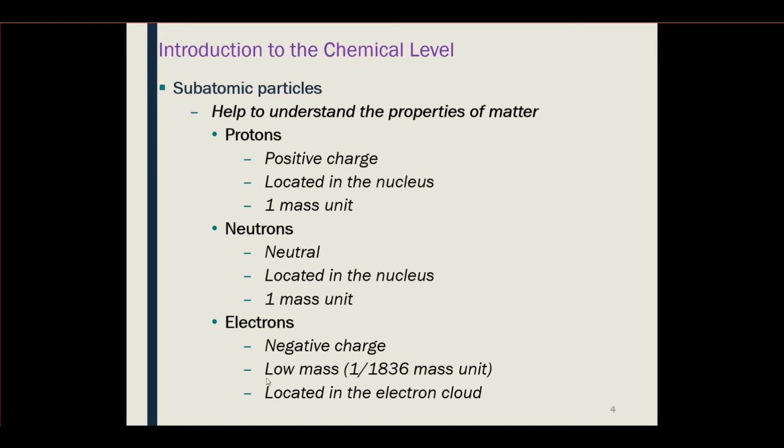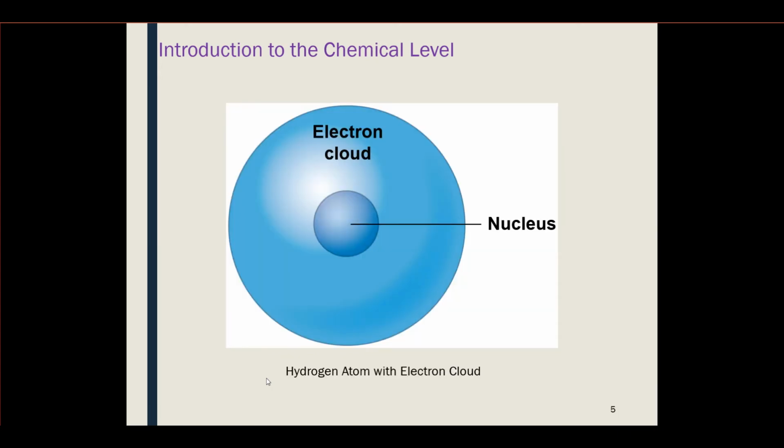Electrons, though, are not located in the nucleus. They are located in the area around the nucleus, and they're moving about. They're not just stationary. This is known as the electron cloud. So these are a little bit different. They have a negative charge, and we find them outside of the nucleus. Here's an example of an atom. This happens to be a hydrogen atom.